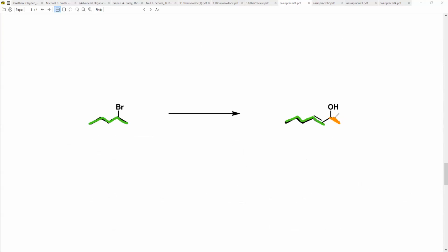Okay, but recall that anytime we add a new carbon chain, especially with an alcohol, that's a very good indicator of a Grignard. So I can cut here and say, okay, I had a Grignard reagent here. And then this alcohol is either a carbonyl or it is an epoxide.